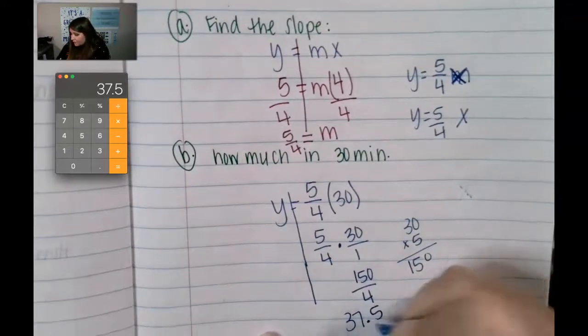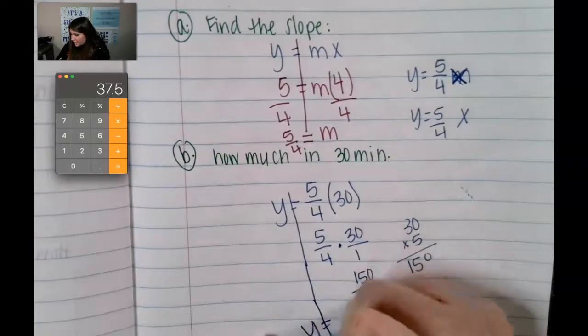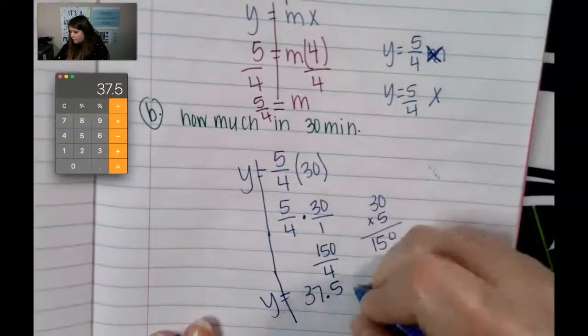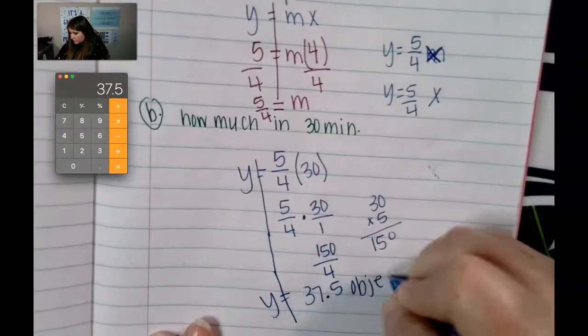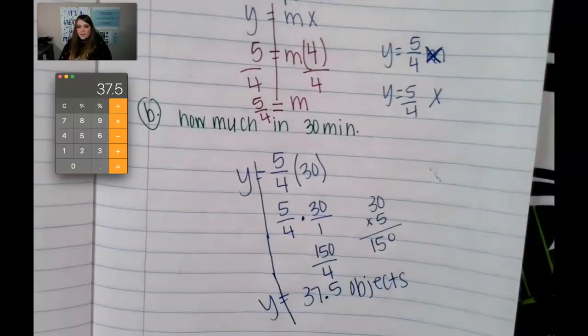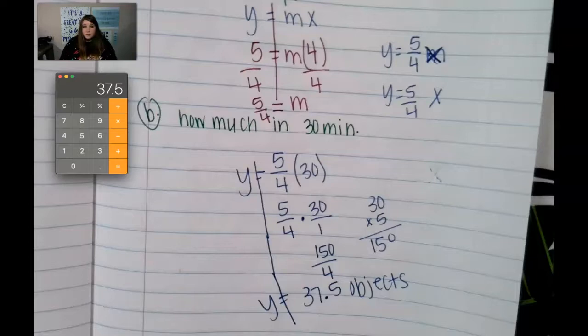So y equals 37 and a half objects produced in 30 minutes. So really they've only produced 37 and they're working on half of an object.